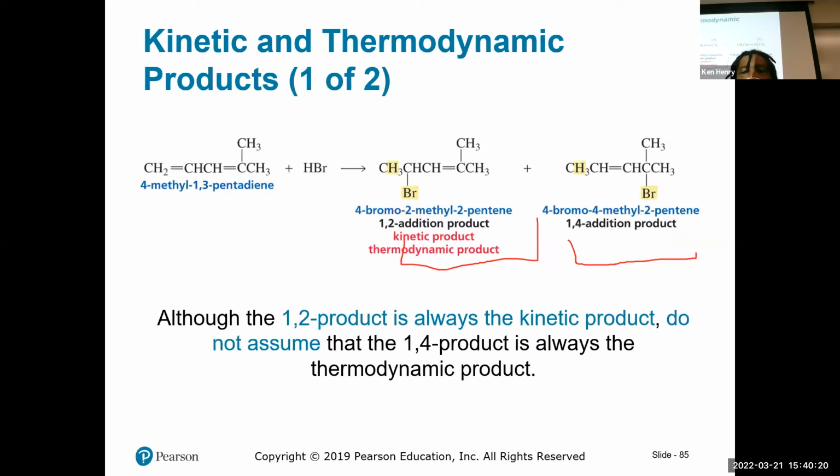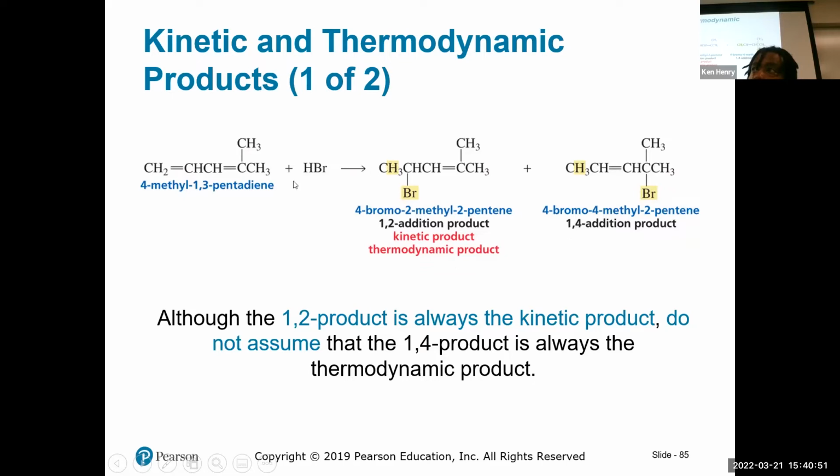So there are cases where you're going to have products that are both kinetically and thermodynamically favored. Here's an example of that. If we had 4-methyl-1,3-pentadiene reacting with bromine, let me clear this.